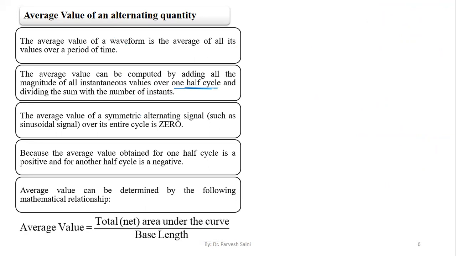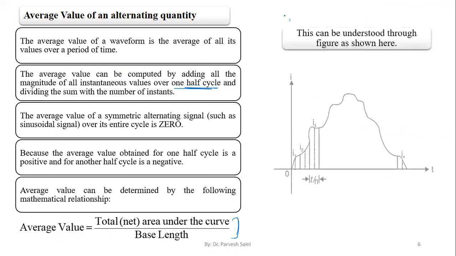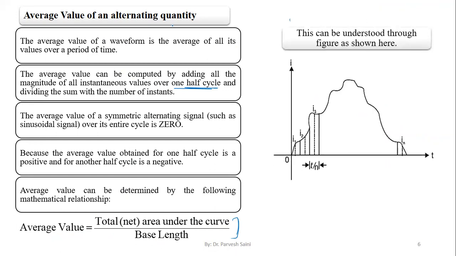There is one more way to understand the average value. It can also be determined by using this mathematical relation: if we find the total area under the curve and divide that with the base length, we will get the average value. We'll understand it with the help of a diagram. This is for the mid ordinates, which I just explained.